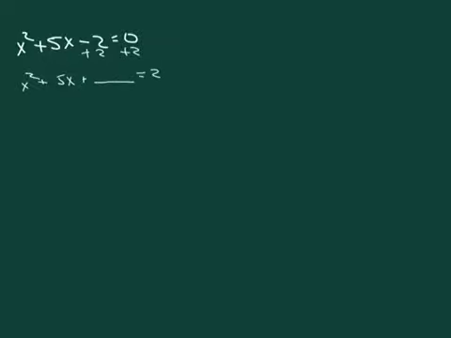And we have to find a new number to go there, right? So half of 5 over 1, half of that is 5 over 2, and then we square it. So that gives me 25 over 4. So I have to add that to both sides, don't I?